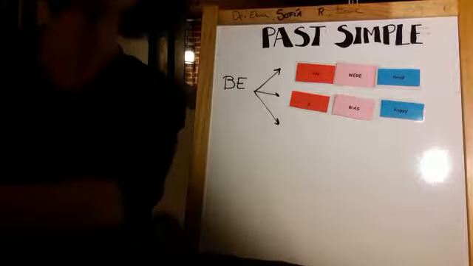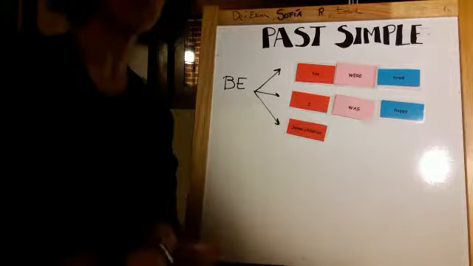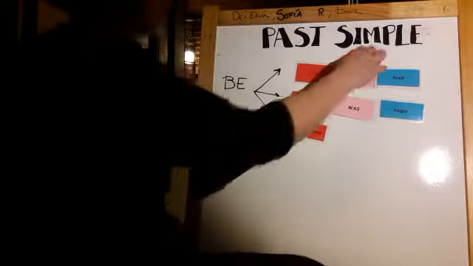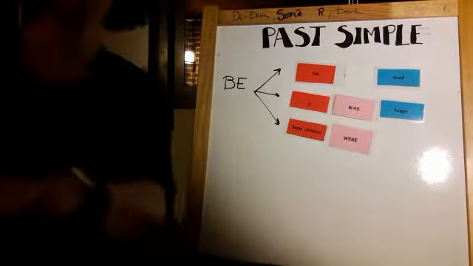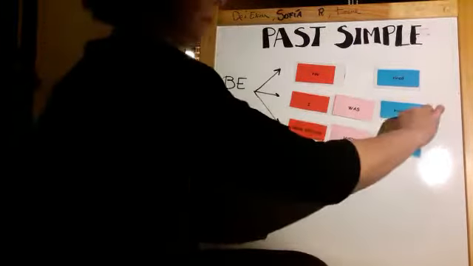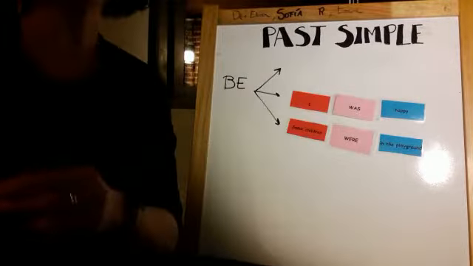If we say some children, remember, children is plural. Okay? So we will say some children are. In the past, we will say some children were. Some children were in the playground.